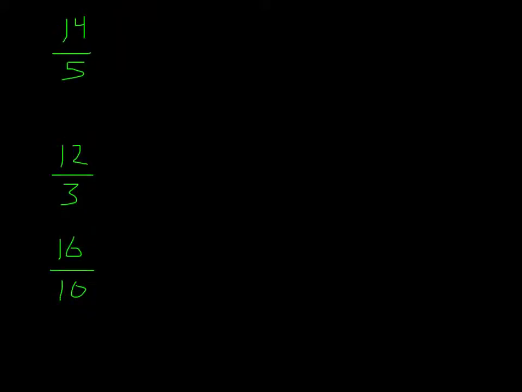On this next slide here, we are going to be doing the opposite of what we have been doing. We're going to rename these fractions that are greater than 1 and move them back down and reduce them into simplest form. Our first one here is 14/5. We're going to think, how many times does 5 go into 14?